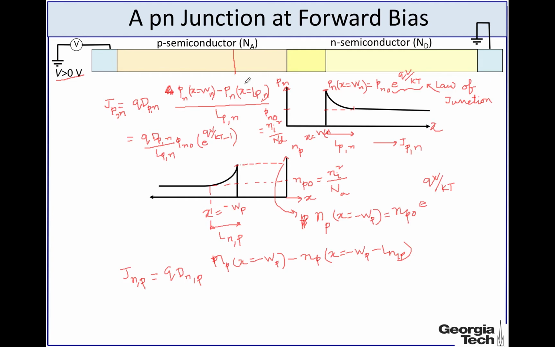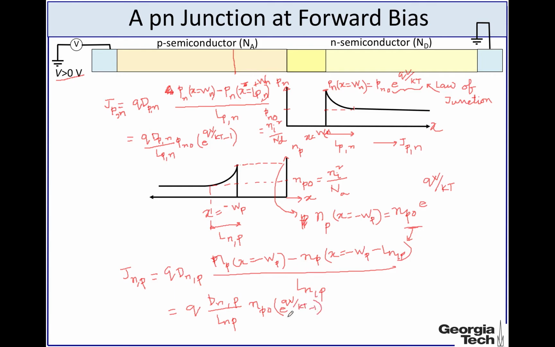So here this x is equal to Lnp plus Wp, over Lnp, and if we plug this in, what we will get is Q Dnp over Lnp multiplied with Np0 e power Qv over Kt minus 1.